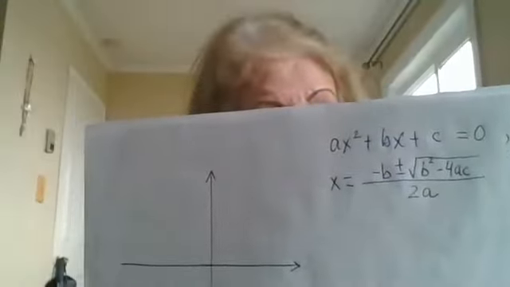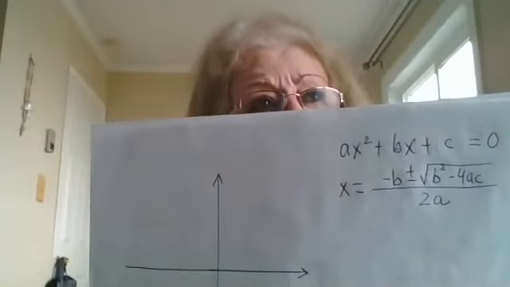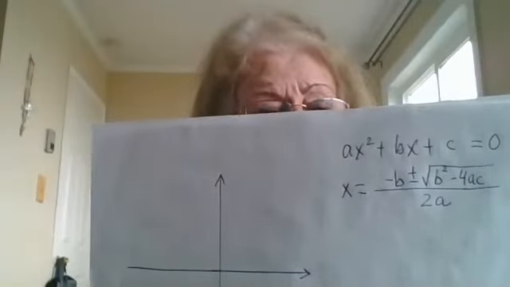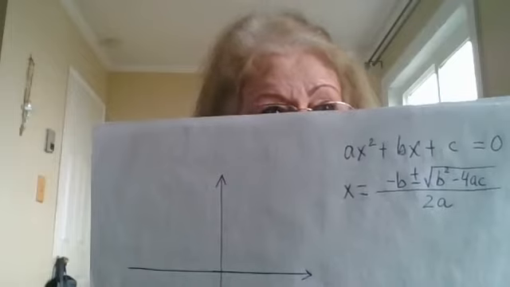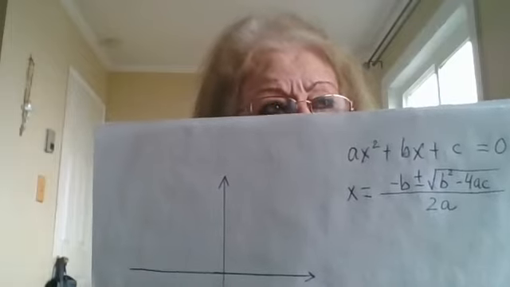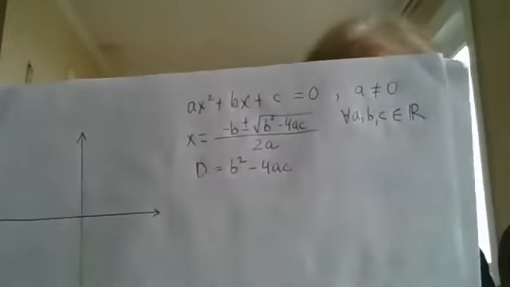This is the formula that for many years, centuries I would say, has been used. The b squared minus 4ac, which we call the discriminant of that quadratic equation or quadratic trinomial, equals b squared minus 4ac.